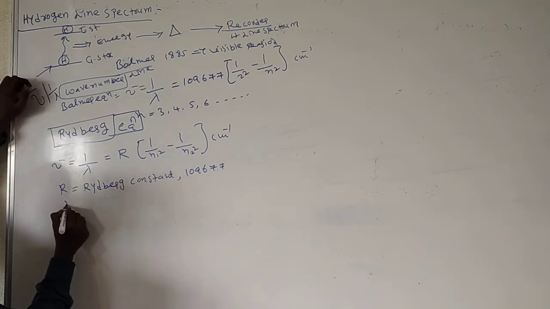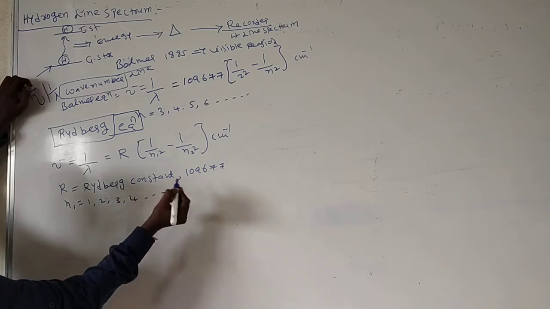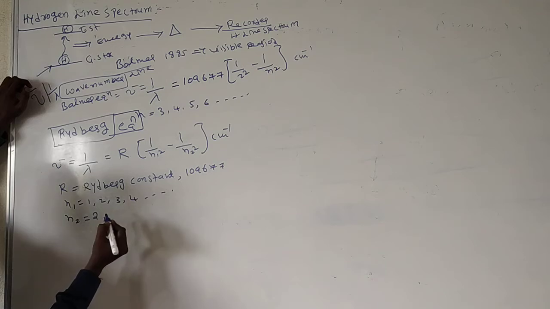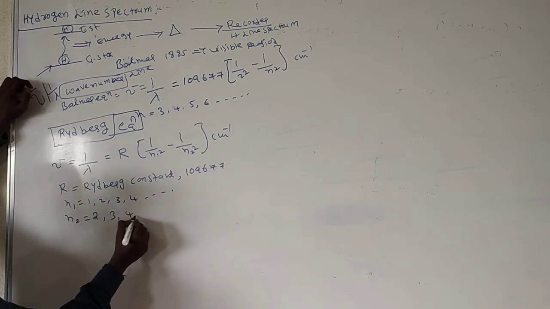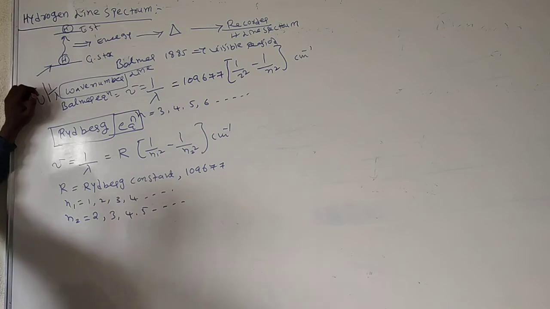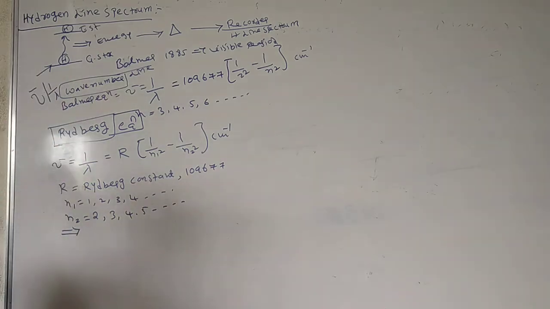Here n1 is equal to 1, 2, 3, 4, and so on. n2 starts from 2: 2, 3, 4, 5, and so on. By applying these numbers, we get different lines.